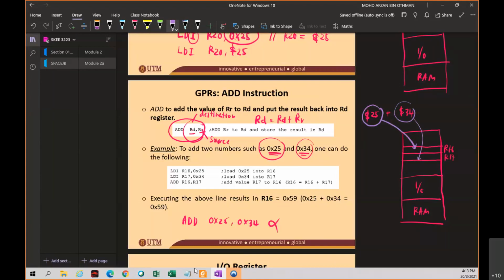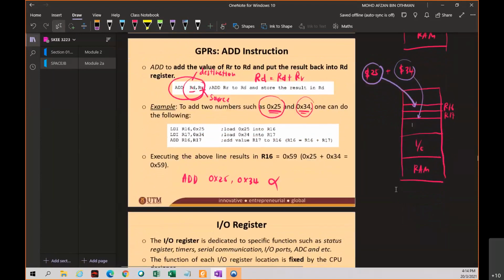How to write down the instruction? Just simply LDI R16, 0x25. After you execute this line here, nombor 25 akan disimpan dalam R16, and LDI R17, 0x34. So automatically 34 akan disimpan dalam R17.